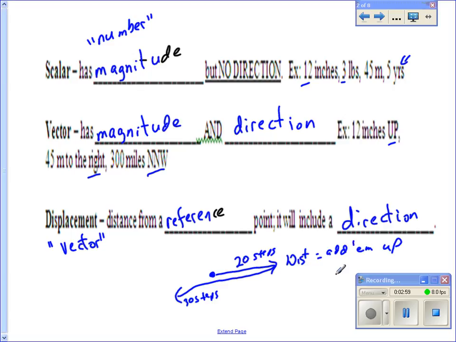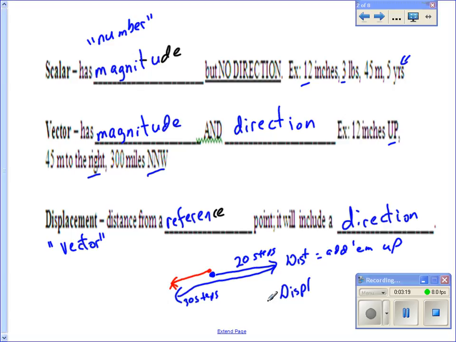You just add them up. For displacement, it's where are you at the end, where is your x based on where you started. And to get there, we go from where we start, we draw an arrow, so our direction is going to be, we're displaced to the left.